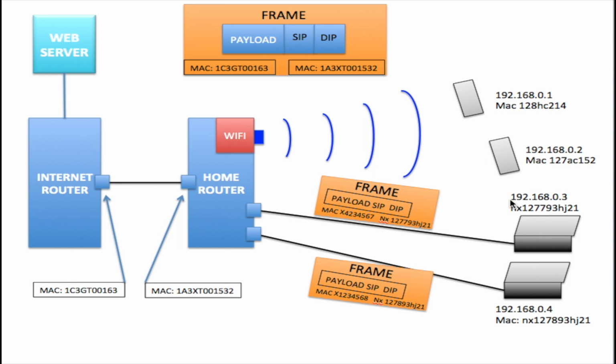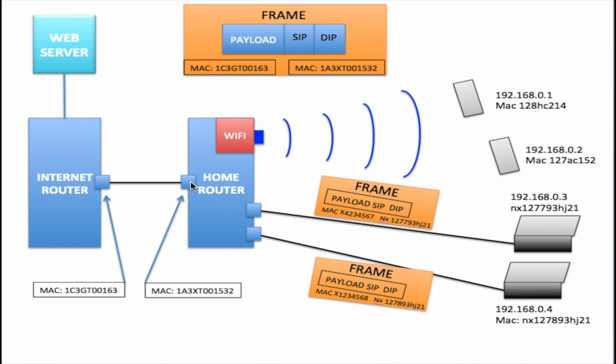And the reason for this is because this is a private IP address. And private IP addresses cannot communicate over the internet. They will be blocked. So the destination IP address got to be a public IP address.